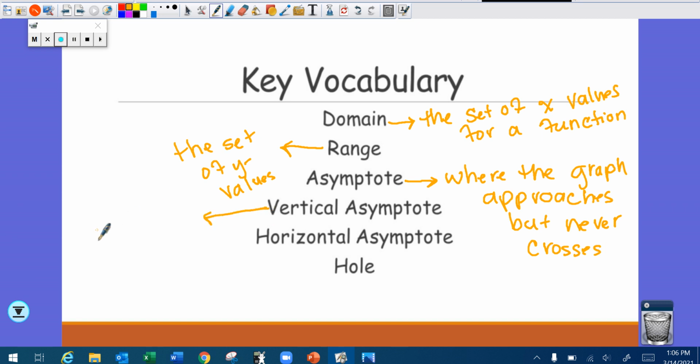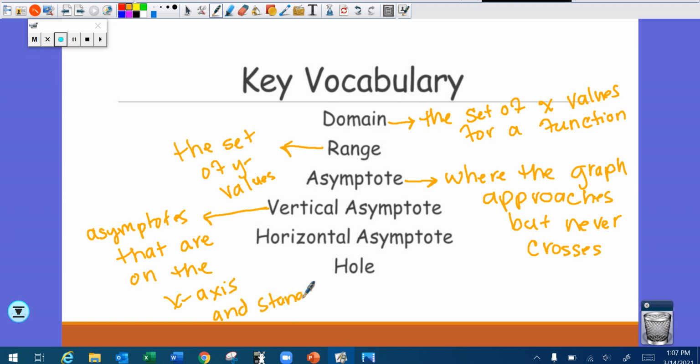Vertical asymptotes are asymptotes that are on the x-axis and stand straight up. I won't say on, but go through.